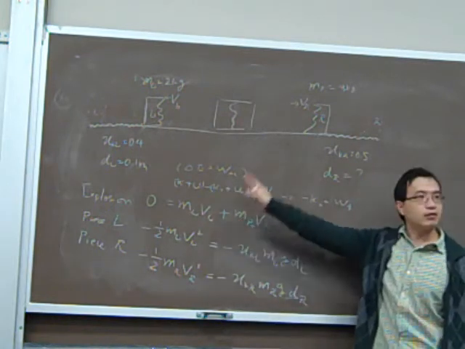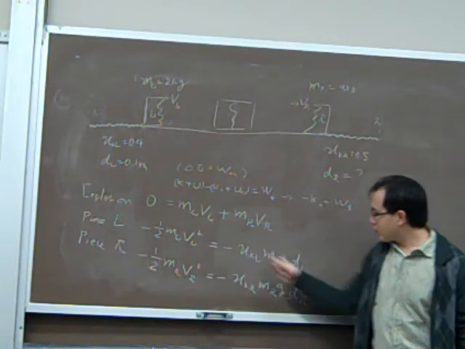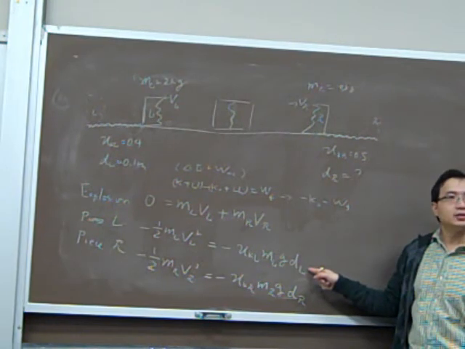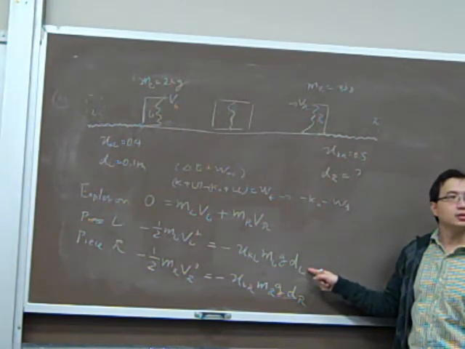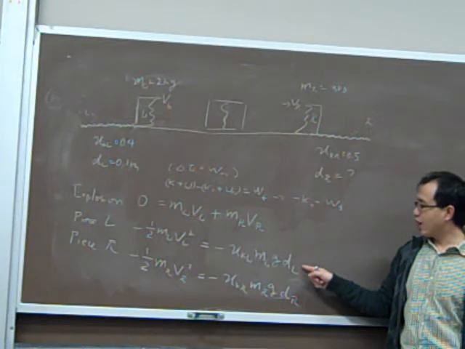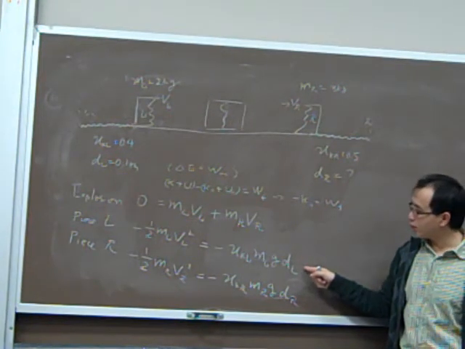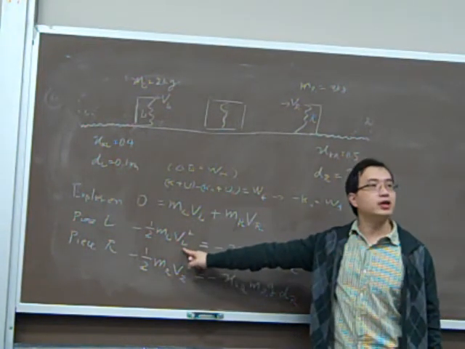And how can we know the velocity of the left piece? Because here we give you dl, the traveling distance for the left piece. So from this one, you can solve for VL.